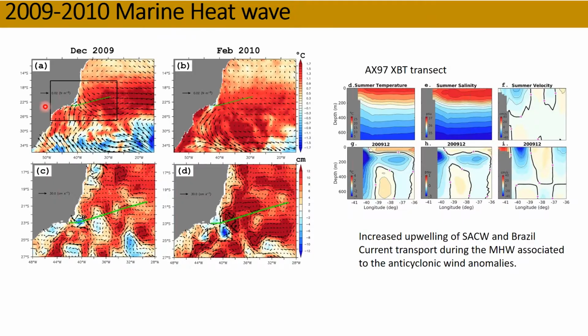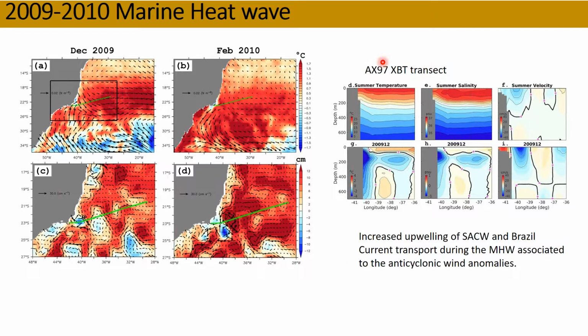By looking at monthly anomalies, we have two snapshots, December 2009 when it reached the region, and February 2010. It's very clear this southward propagation of these events towards more or less the region of our interest, and also the increase in sea surface height.